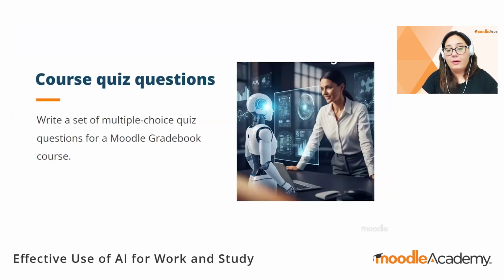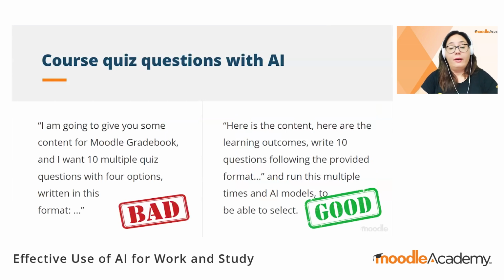And similarly, some time ago I wrote a course about the gradebook here in the academy. When I finalized the course content, I thought to ask AI to set up some quiz questions for the final quiz. Okay, I won't hide it.